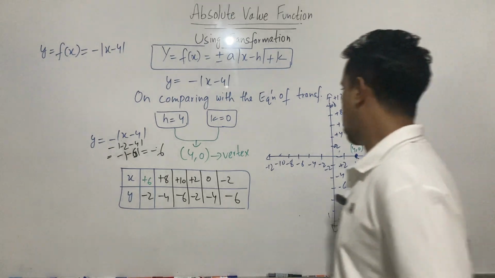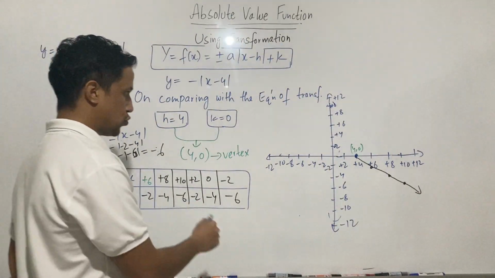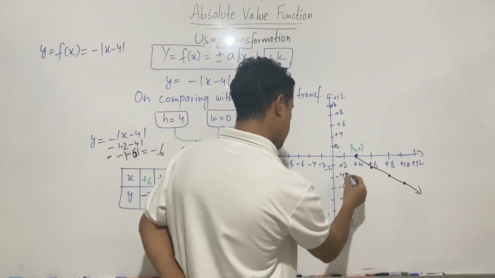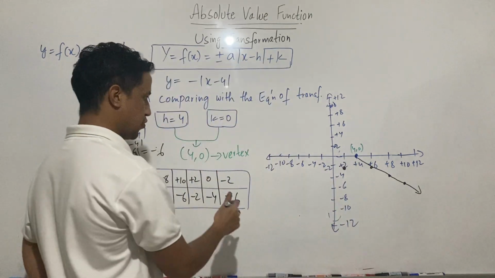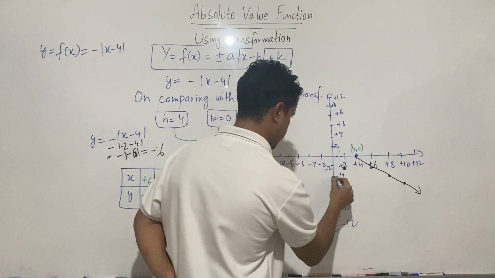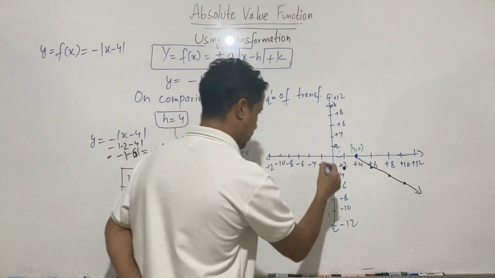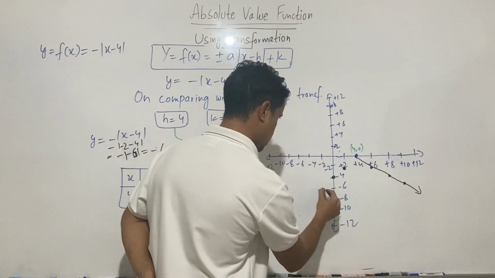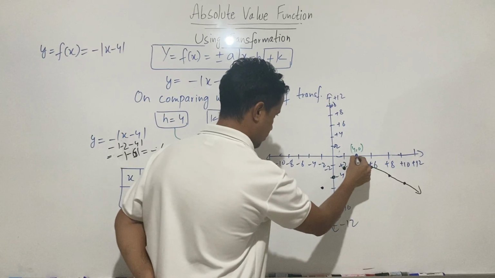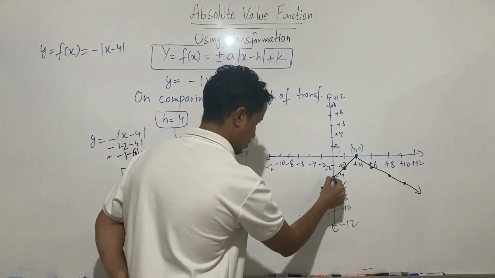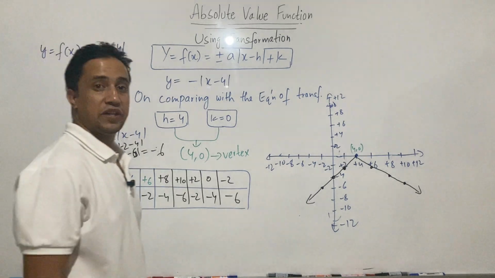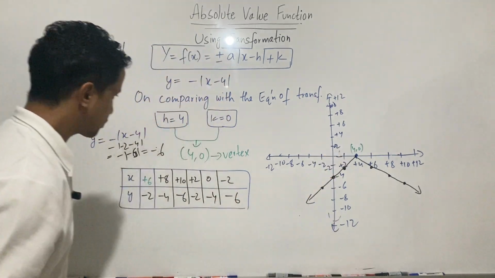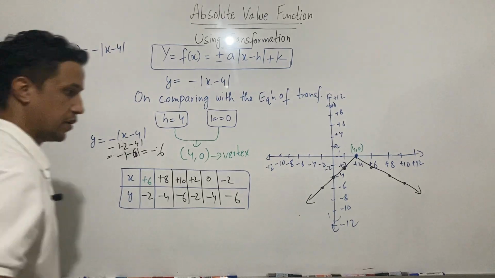On the other side, 2, -2, this one. Then 0, -4, this one. Then -2, -6, this one. So this is going to be the graph.